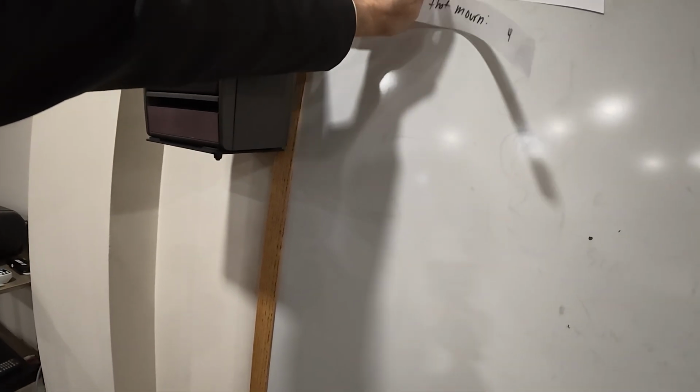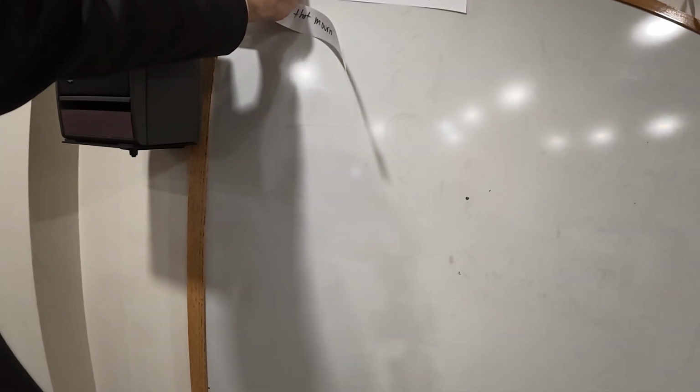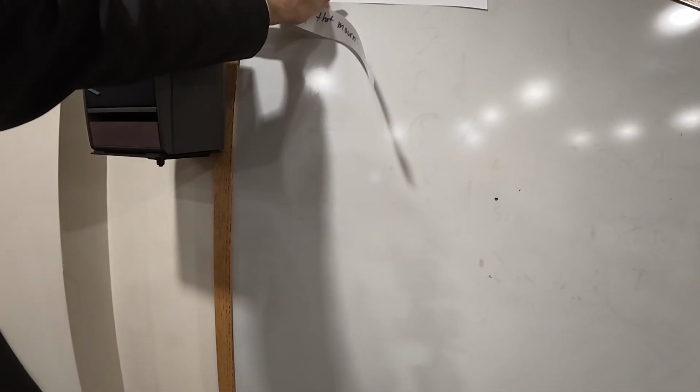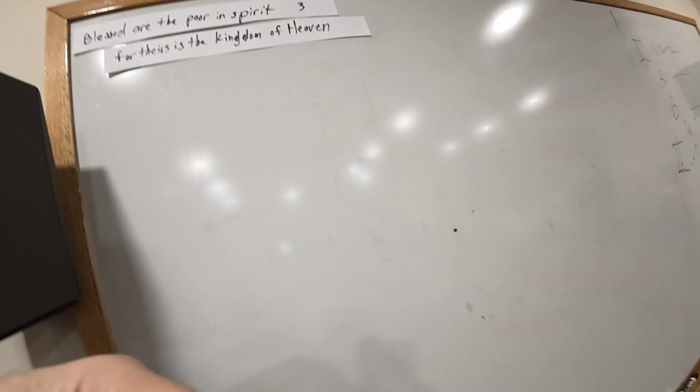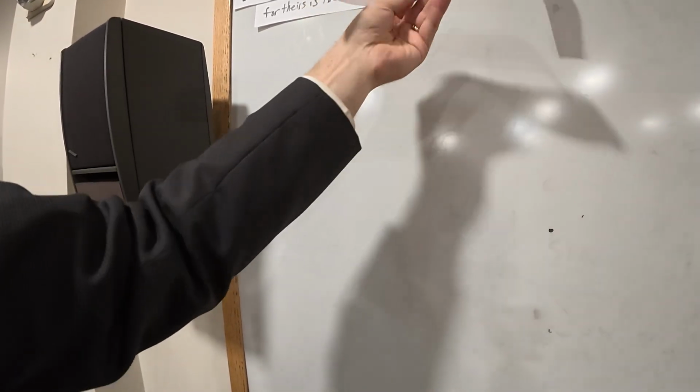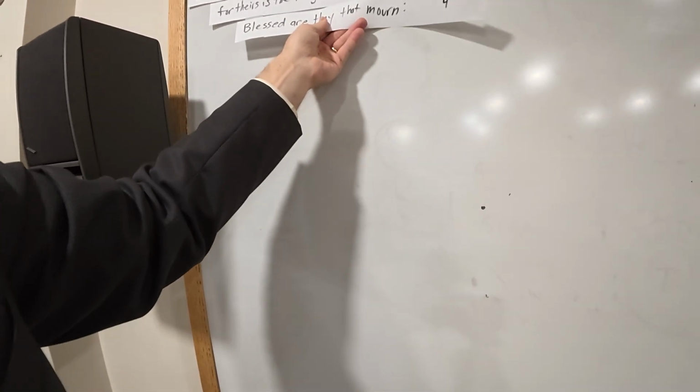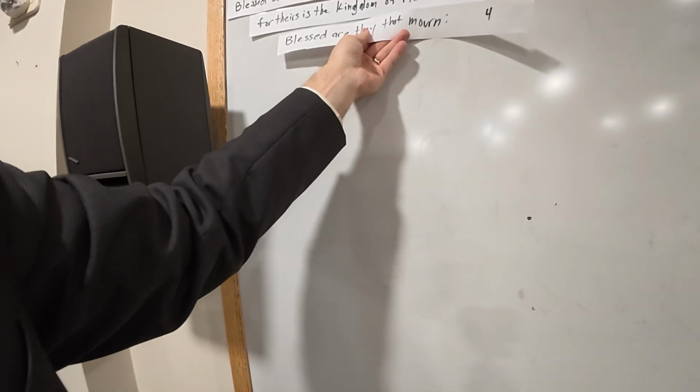First question: is that the same as the first one, grammatically? Blessed are they that mourn? Or is it more like the second phrase, for theirs is the kingdom of heaven, which starts with a preposition? Or if it's not like either of those two, then where is it going to go? It's going to go in tab position number 3.